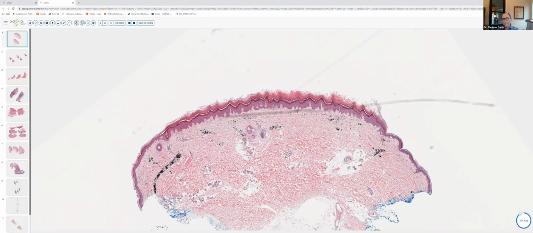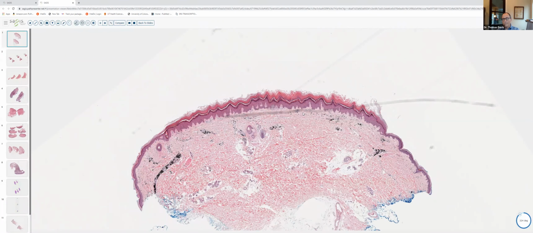And then within the underlying dermis, distributed predominantly in a perivascular distribution, but also some interstitially, is this very dark black, very densely packed pigment that is present largely within tissue macrophages. Now, in a few areas, you take a look here, you can see a few small particles of this material extracellularly.